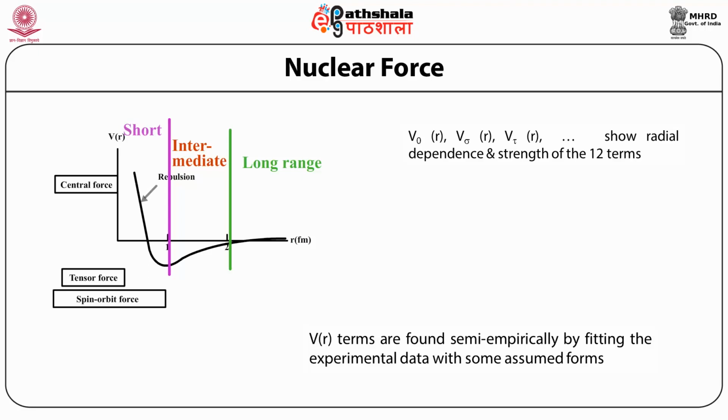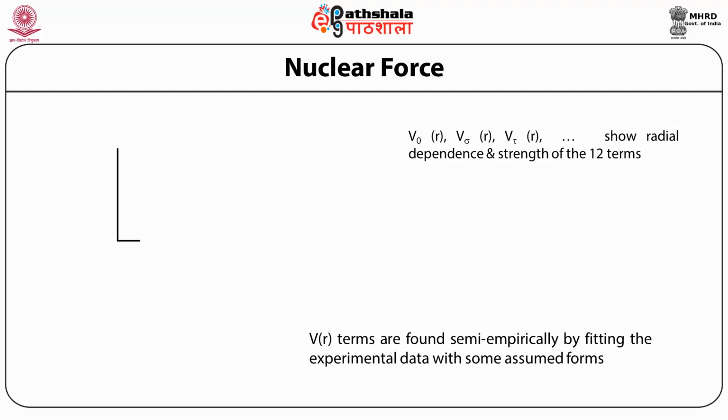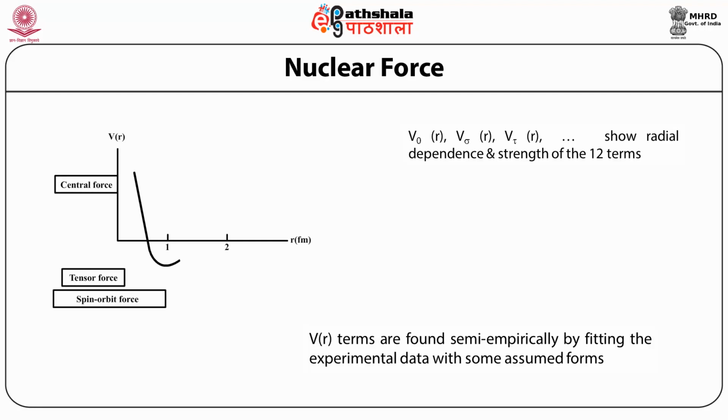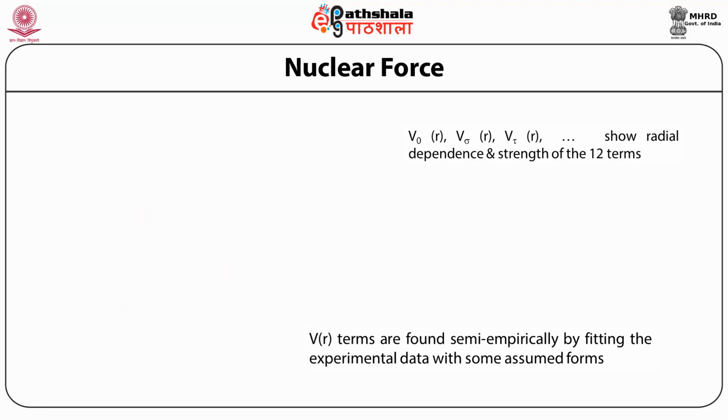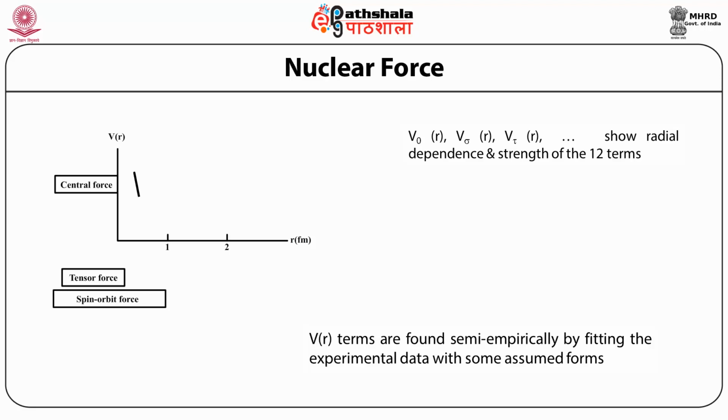Now in the intermediate region and long region we can see that the interaction potential is negative. Interaction potential is negative means that the force is attractive in nature. So within the nuclear domain, in the intermediate range or long range the nuclear interaction is attractive, but for short distances, in proximity to the center of the nucleus, we find that the interaction potential is positive.